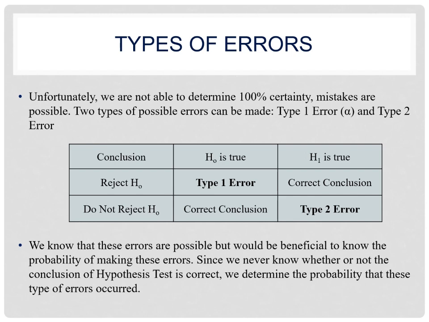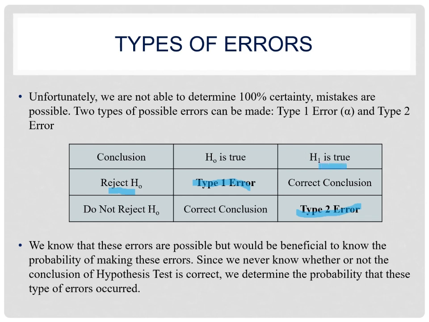There are two types of errors that you could potentially make: Type 1 and Type 2. Type 1: let's go with the example of 20 as the assumed average and 18 as our sample. You decide that the average isn't 20. You believe it's 18.